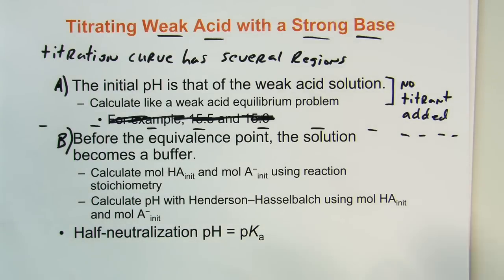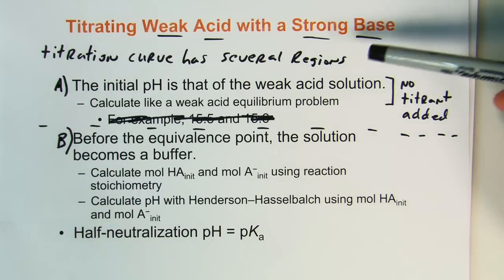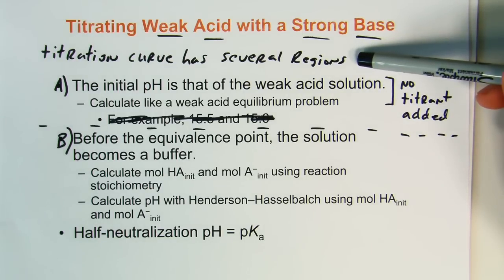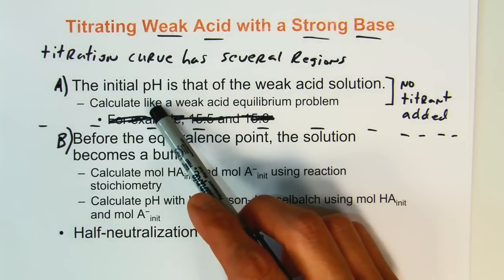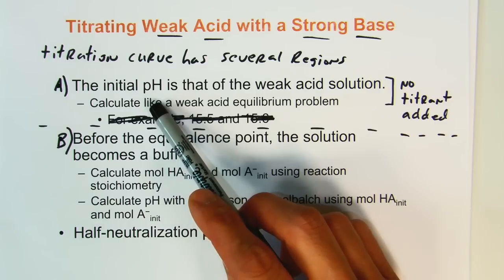Now for this case, as is really every case, the titration curve is going to have a few different regions. And we want to identify and understand those regions, and then we're going to learn what controls the pH in each region, and that's going to be crucial. So the first region of any of the titration curves is the initial pH before any of the titrant has been added.